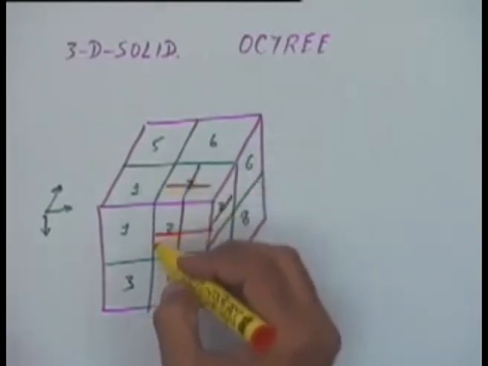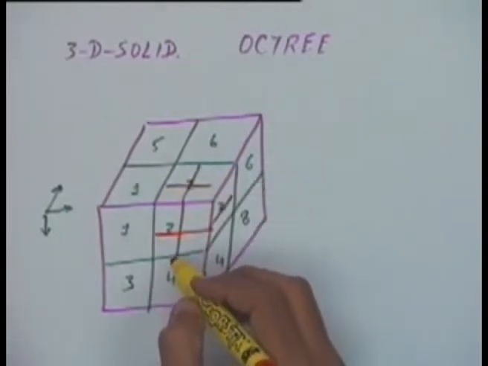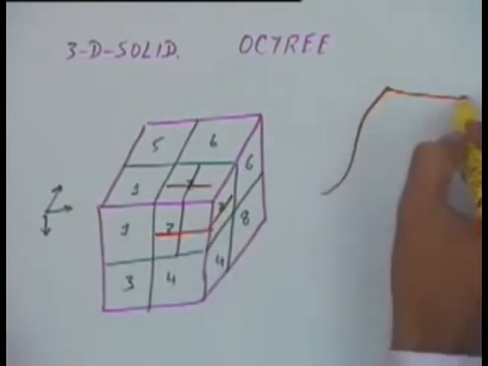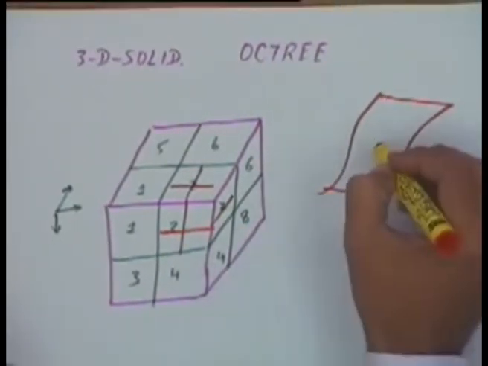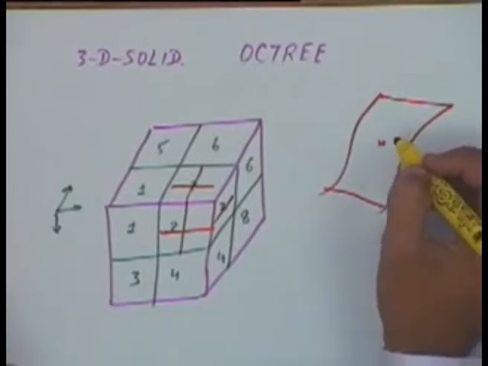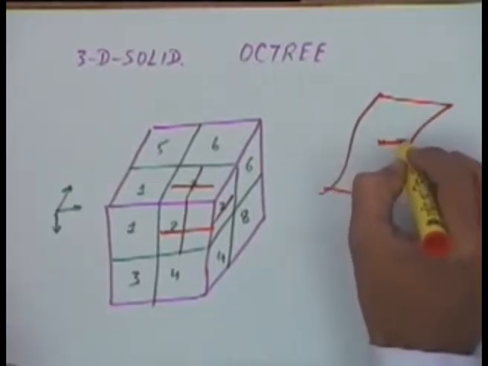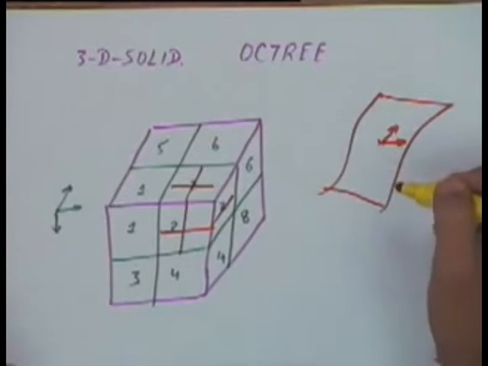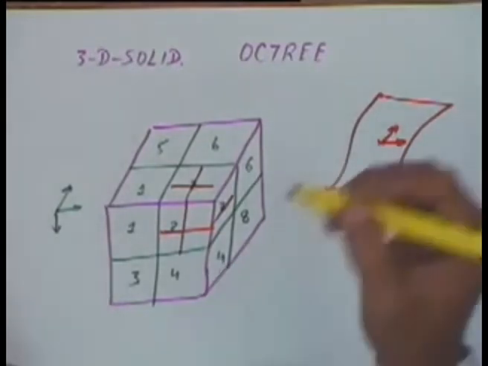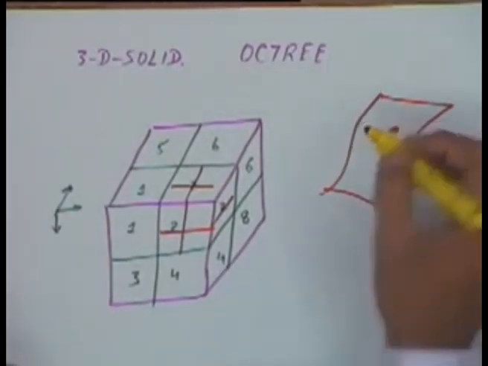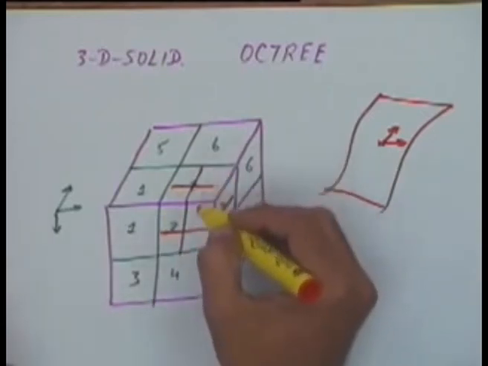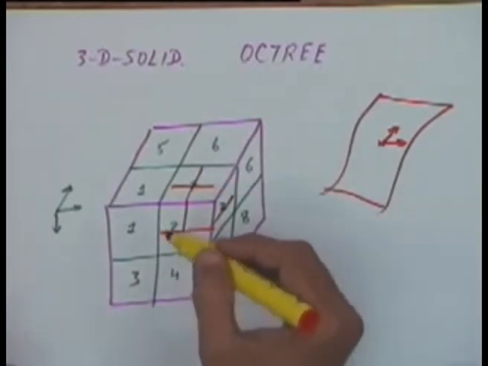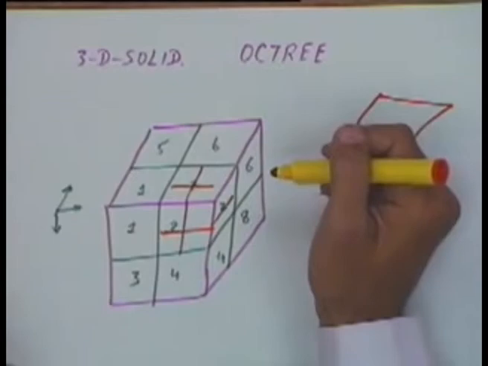Because the geometric equation is lost. Normally if you have a 3-dimensional surface and you want to find out the surface normal at any point, you can compute the derivative in one direction, derivative in a second direction, and take the cross product. You will get a surface normal. But if you have a model represented in octree representation, getting a surface model is not very easy.